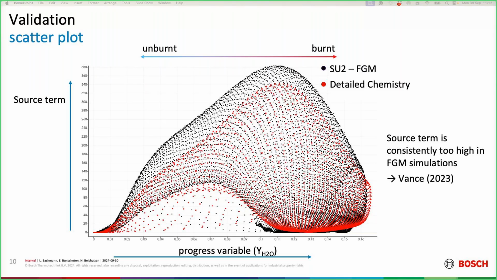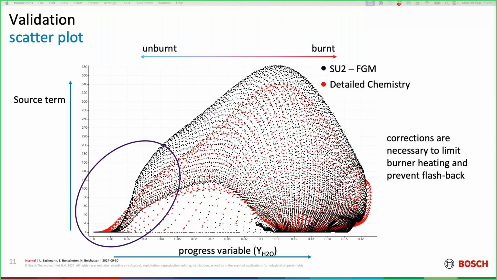So the first option was to only correct the source term at the low progress variable, so at the very unburned side where you can also see the circle. This limits the burner heating, which already helped a lot with flashback, which actually allowed us to get converging solutions in the first place.